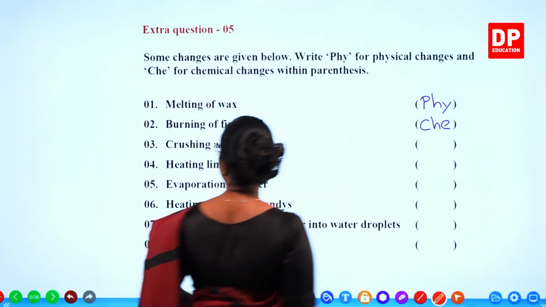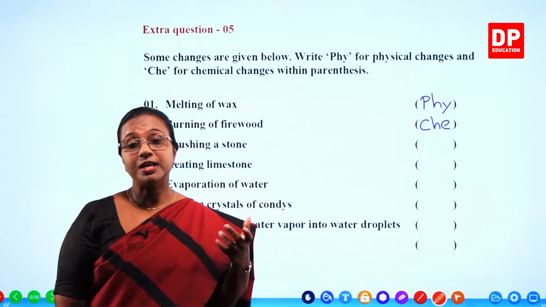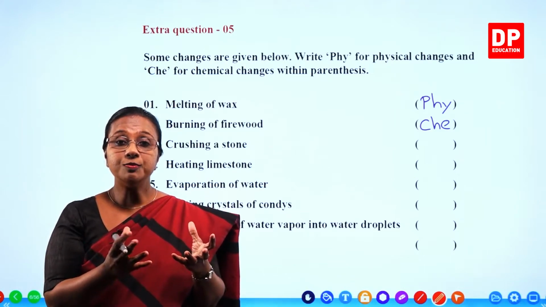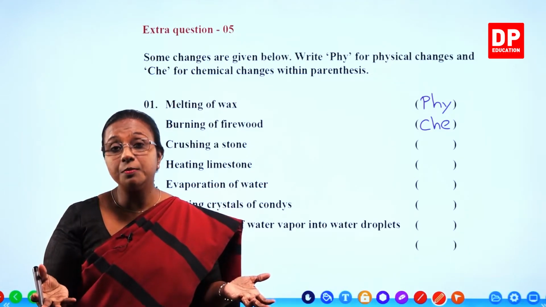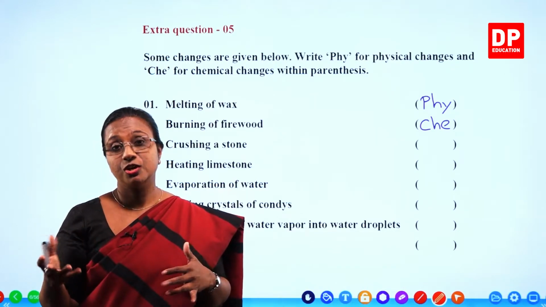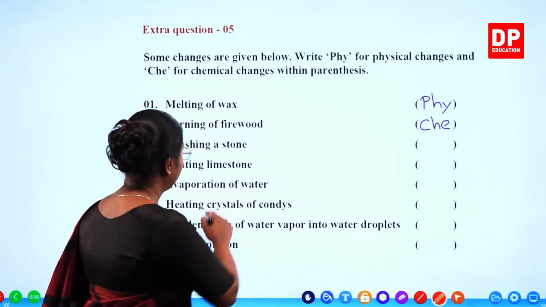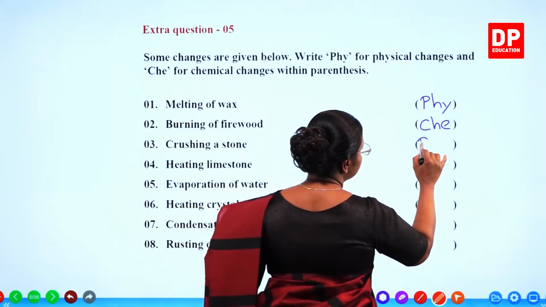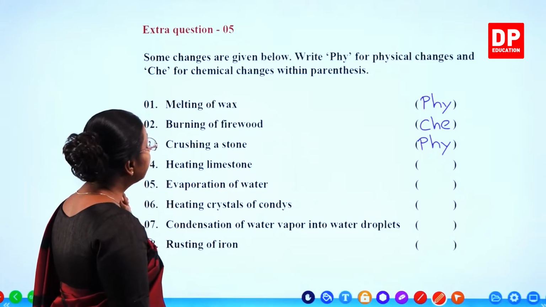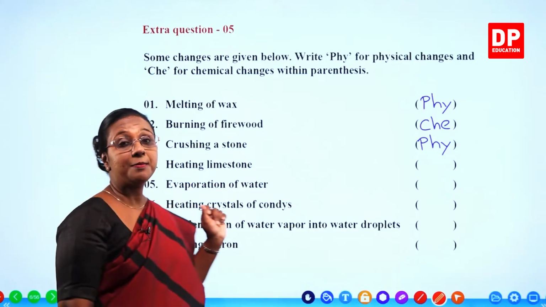CHE. Crushing a stone. What happens there? You have a lump of stone, a large physical volume. When you crush it, it becomes powder. So, there the physical nature changes. No other changes taking place. So, that is physical change, PHY. Then heating limestone. What happens there?